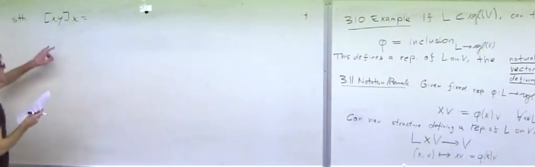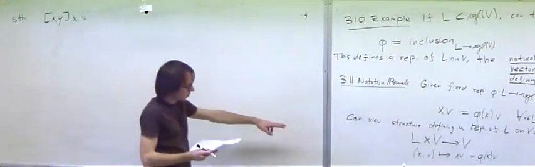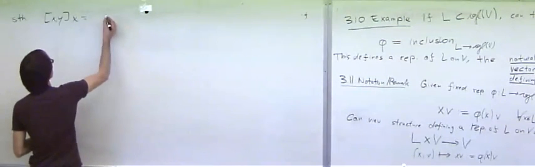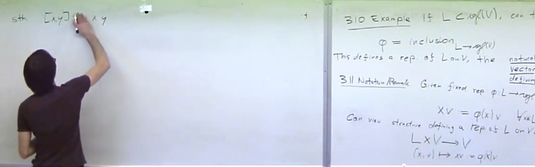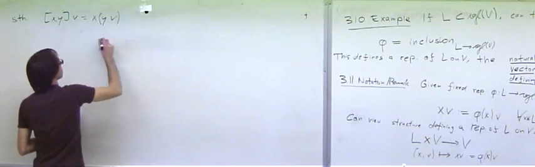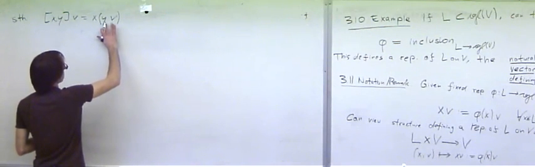So if I take a commutator, this is again an element of L, and then I form this bilinear product, and this should be the same thing as applying x, y, to a vector v. So this is the same thing as forming the product yv.